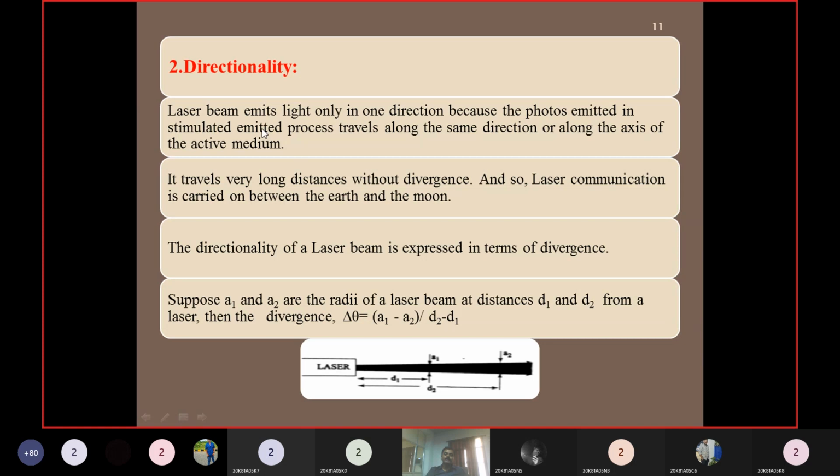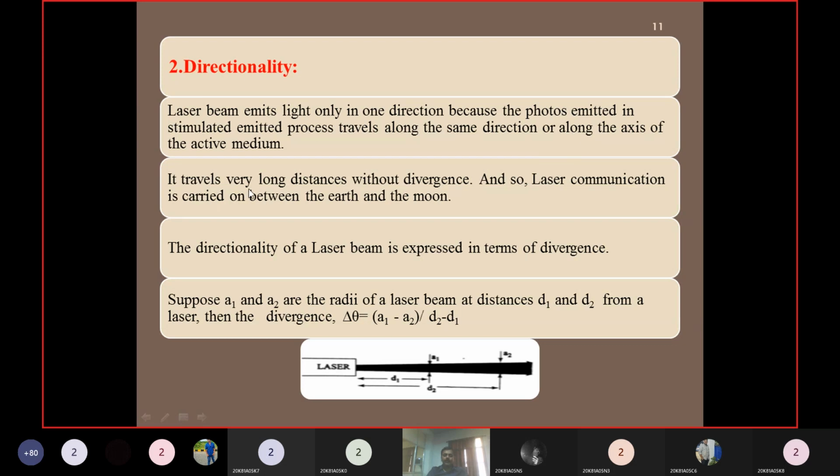In the stimulated emission process, all photons move in the same direction. That's why laser light travels in a single particular direction. That is directionality.